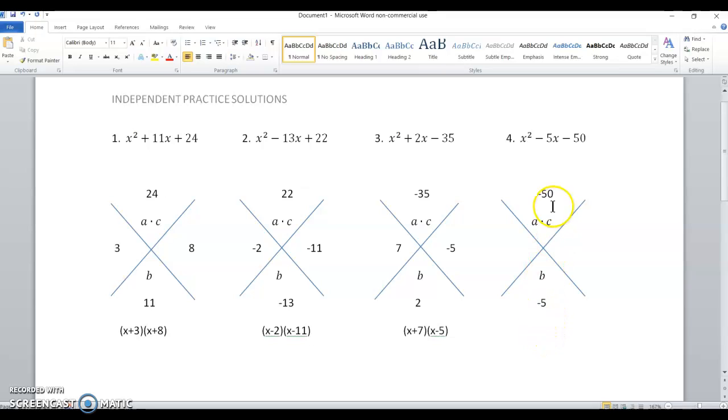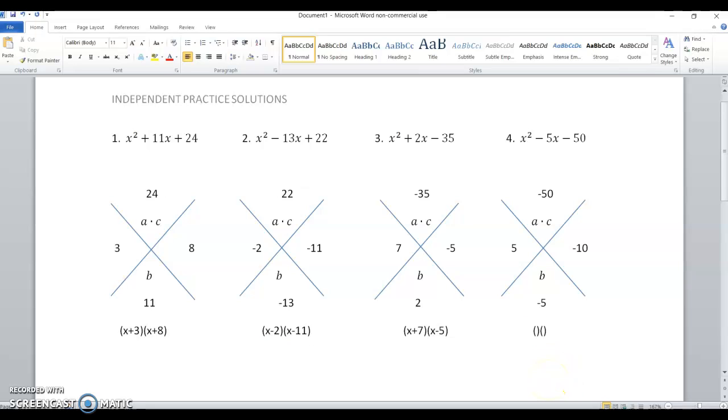So our factors here, we got 1 and 50, that's not going to work. 2 and 25, no. Our next is 5 and 10. So 5 and 10, that's going to work. We have 5 and 10, but we need one of them to be negative. The 10 is going to be negative because 5 minus 10 is negative 5, and 5 times negative 10 is negative 50.